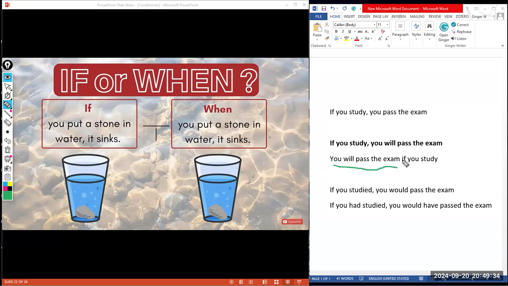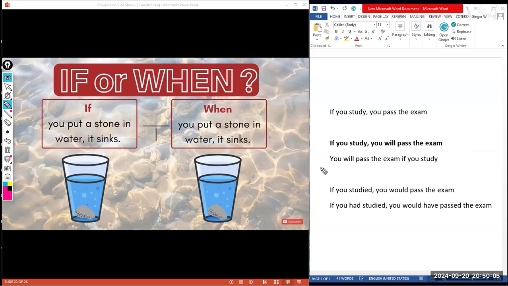So here we have, you will pass the exam, and here we have, you will pass the exam. Here we have, if you study, and here we have, if you study. Now, the question is, do they have the same meaning? Absolutely, the answer is yes. So, if you want to start your sentence with the main clause or with the if clause, both ways are correct because both of them have the same meaning.